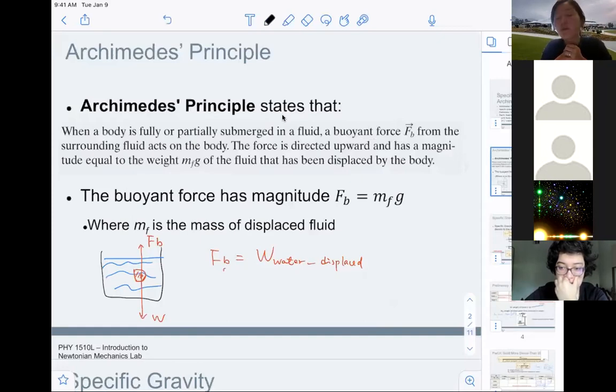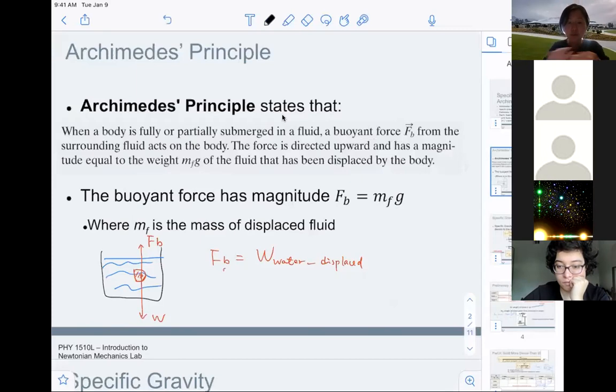We also know that when you put something in water, the water will provide a supporting force upward. That's the buoyant force. Archimedes' principle is telling us that this buoyant force is exactly equal to the weight of the water that is being displaced.